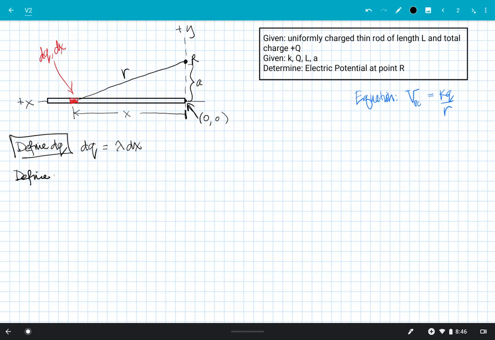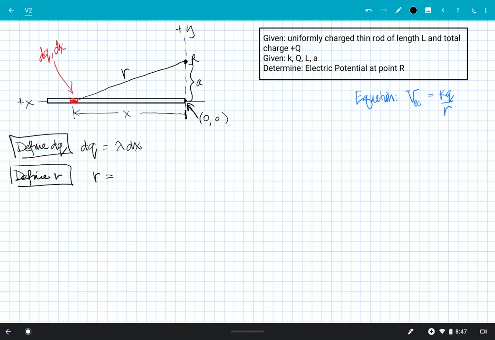Now we're going to define R, as we have to do every time. So pause if you haven't done that yet and think about how you're going to define your R. And notice how the coordinate system choice influences the R definition, right?